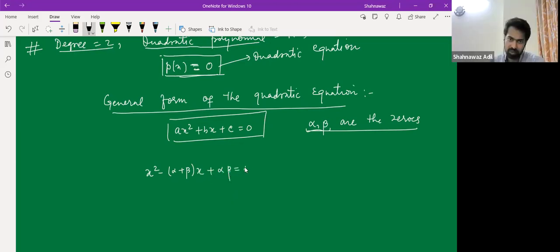This is how we represent the quadratic equation in the form of the zeros. This is one equation, this is the second equation. These are the same equation, but written in a different way.